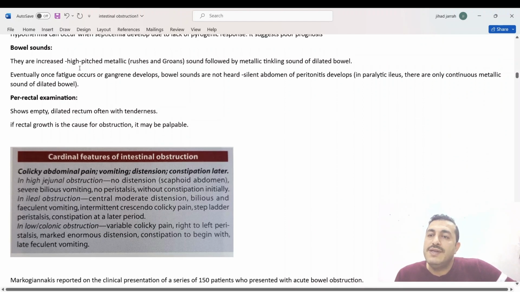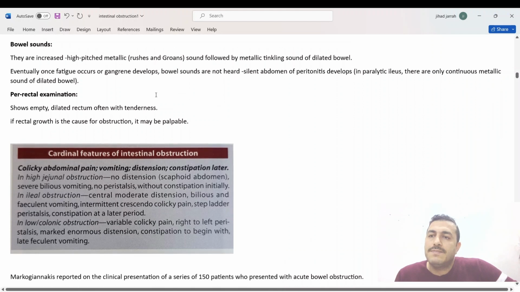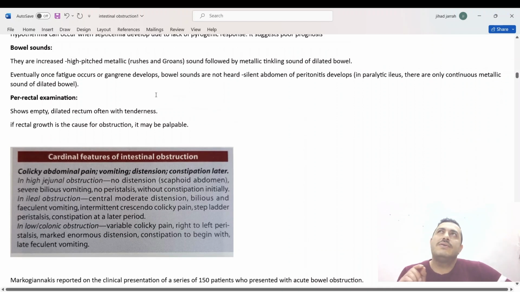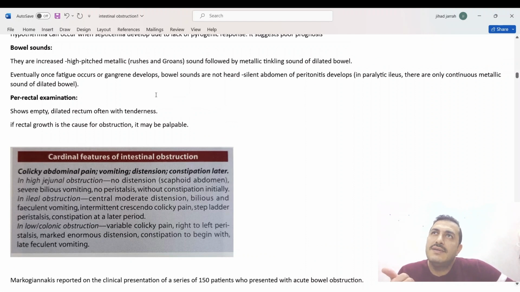They are increased, high-pitched, metallic sounds, followed by a metallic tinkling sound of dilated bowel. Eventually, once fatigue occurs or gangrene develops, bowel sounds are not heard. Silent abdomen.